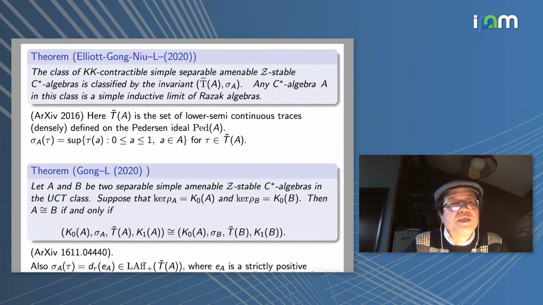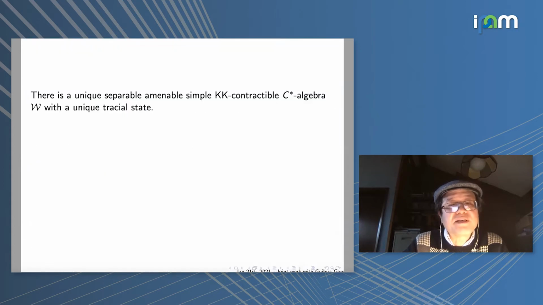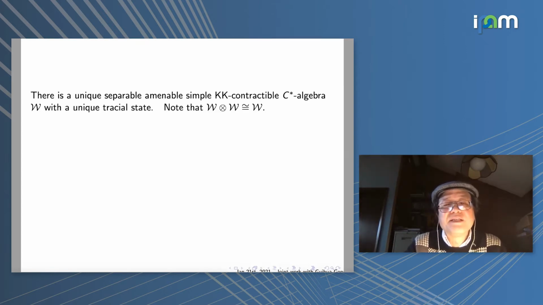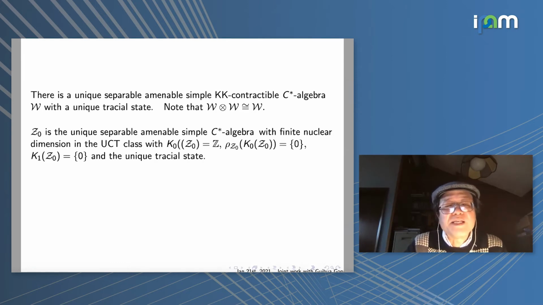Okay, so let me explain a little bit more. From this classification result, you know there is a unique W. That W is the one with the unique tracial state in the class, and it is self-absorbing. And Z0 now can be written as, this is the unique separable amenable simple C-star algebra with finite nuclear dimension in the UCT class with this K-theory.